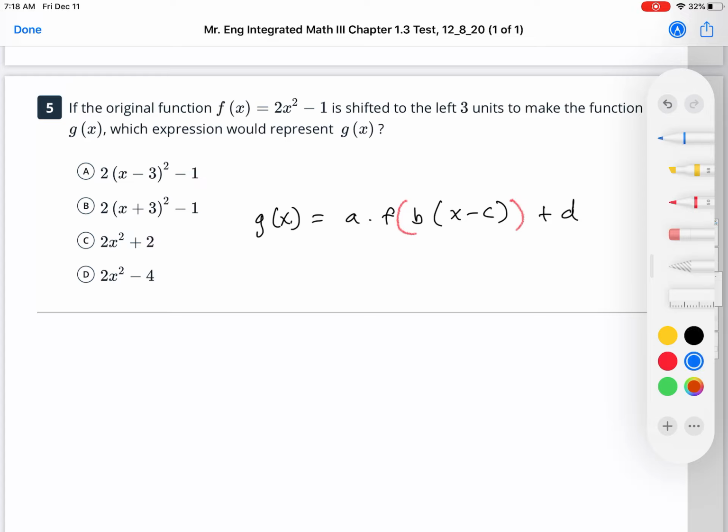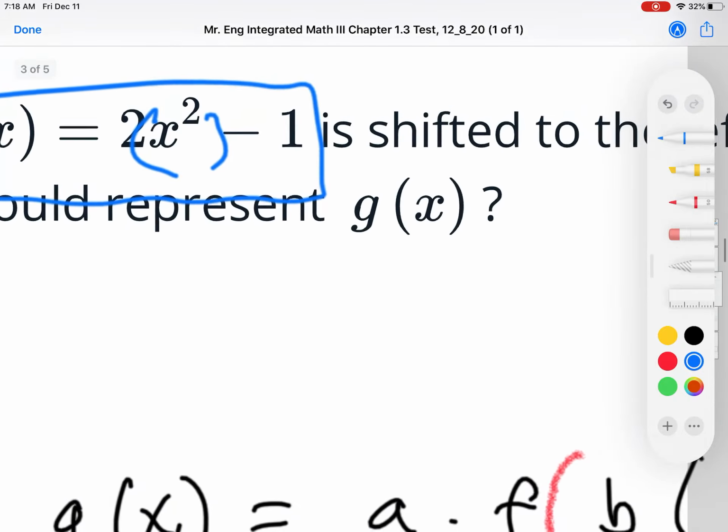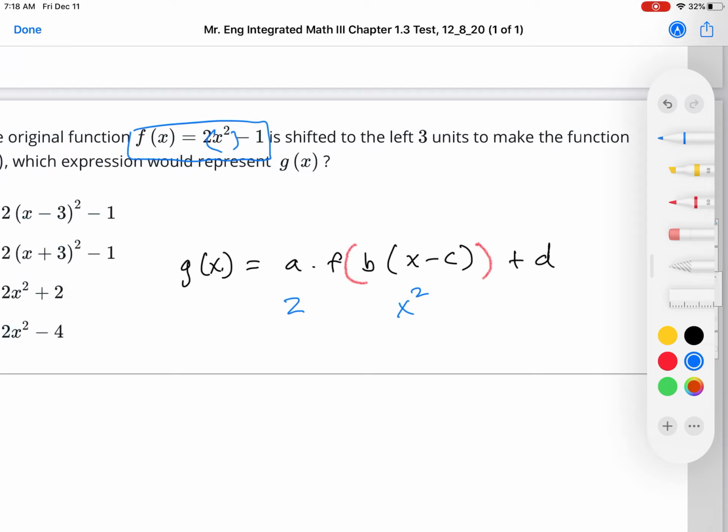So let's first annotate that in blue. So 2x squared, and then you'll notice that the -1 has no parentheses. The parentheses would be on the outside. It'd be something like this. Why I'm pointing at that is that the -1 is on the outside, which is your d value.